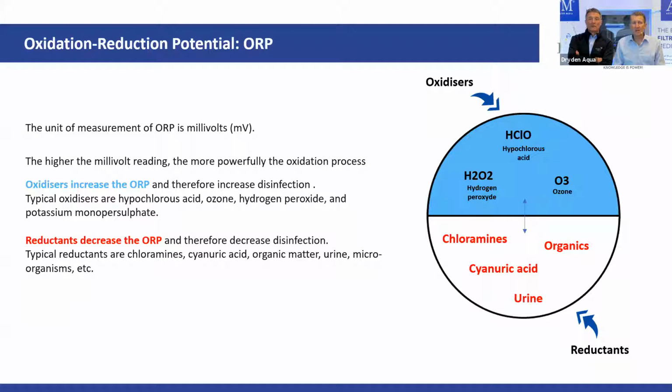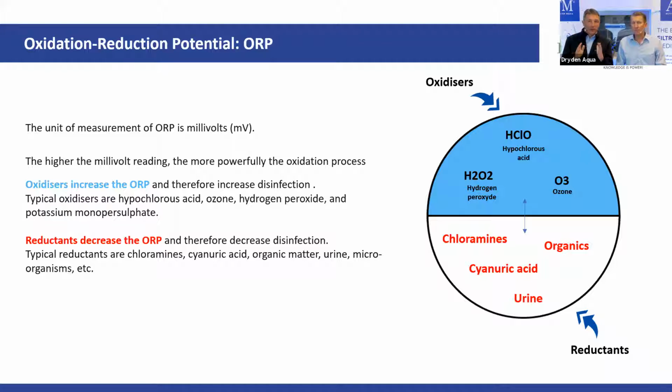It's expressed in millivolts, and if you look at this here on the right, we have oxidizers on one side, and reductants, or reducing agents, on the other side. If you add an oxidizer, then the ORP, the potential, will go up. If you add contaminants or reducing agents, then the oxidation potential will go down.